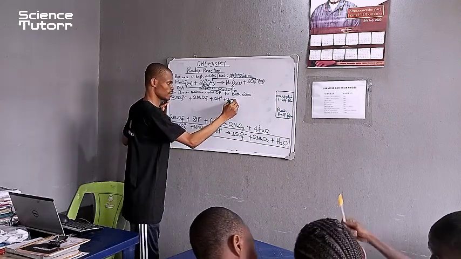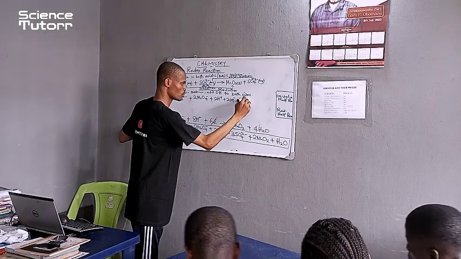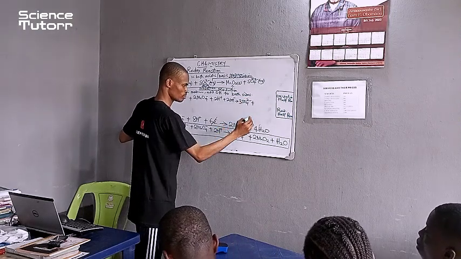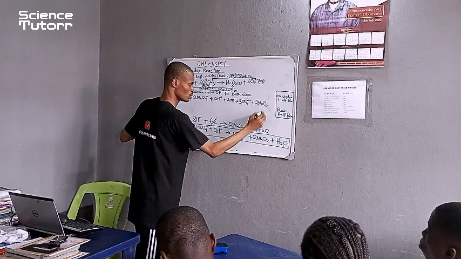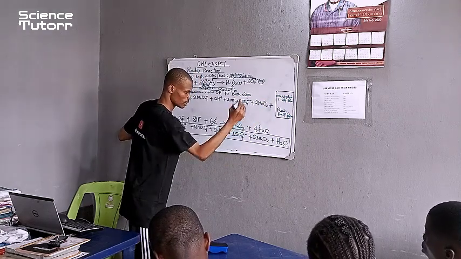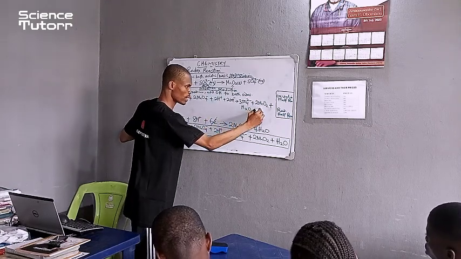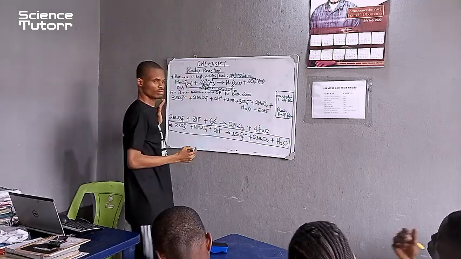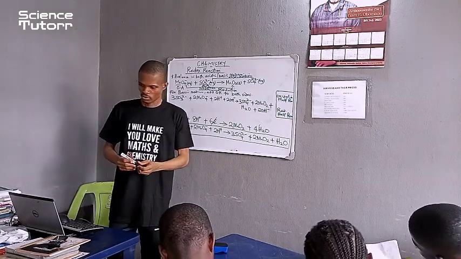Okay? Giving us 3SO4 2 minus plus 2MnO2 plus H2O. I still have the same 2OH minus. Okay.